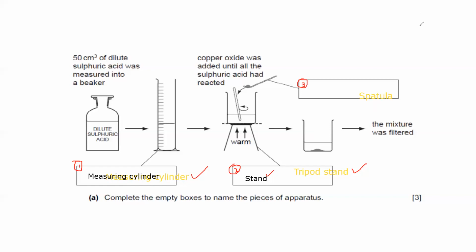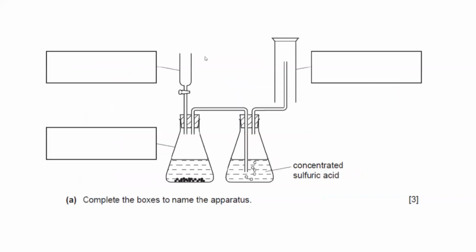Spatula. So the spoon which we use to add a small quantity of a solid is known as a spatula. What is the apparatus in box 1?